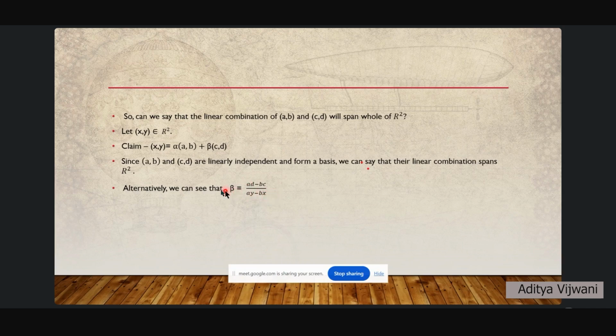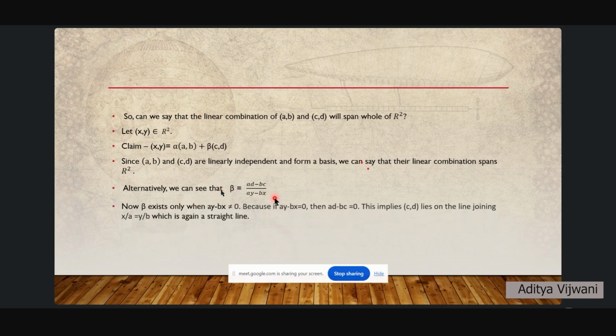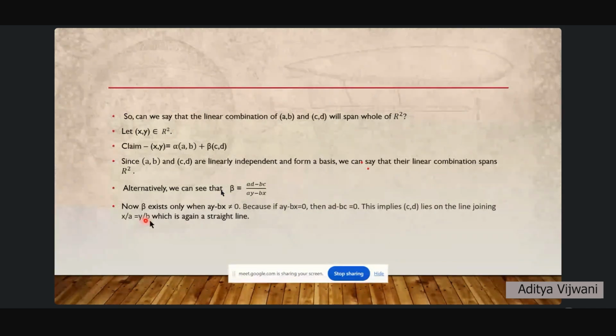I'll get my beta. But what if it is 0? See, if AY minus BX is 0, then I get this equation as AD minus BC equals 0 times beta. That is, AD minus BC equals 0. Now, this implies that CD will lie on the line joining A and B. And that line I can represent by x upon A equals y upon B, since it passes through origin.